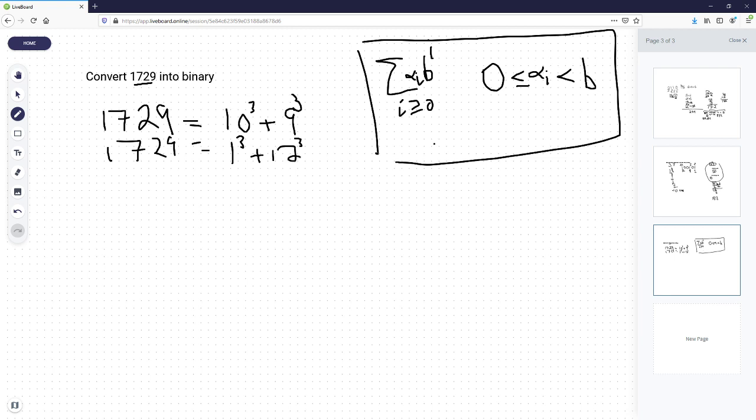So as it turns out, 12 cubed is 1728, plus 1 cubed is 1729, and 1729 is also equal to 10 cubed plus 9 cubed. But you might say, what does that have to do with converting it into binary? The answer is nothing.